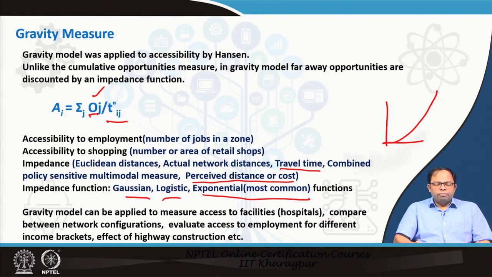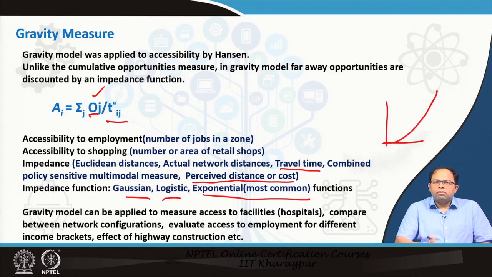Now, here we can measure accessibility to facilities. If we locate the hospitals in a certain part of the city, we may find that accessibility to hospitals is very, very low from some zones. So that may have to be rectified. That means we have to locate some more hospitals in other areas, or relocate that particular hospital. Or we can compare between network configurations.